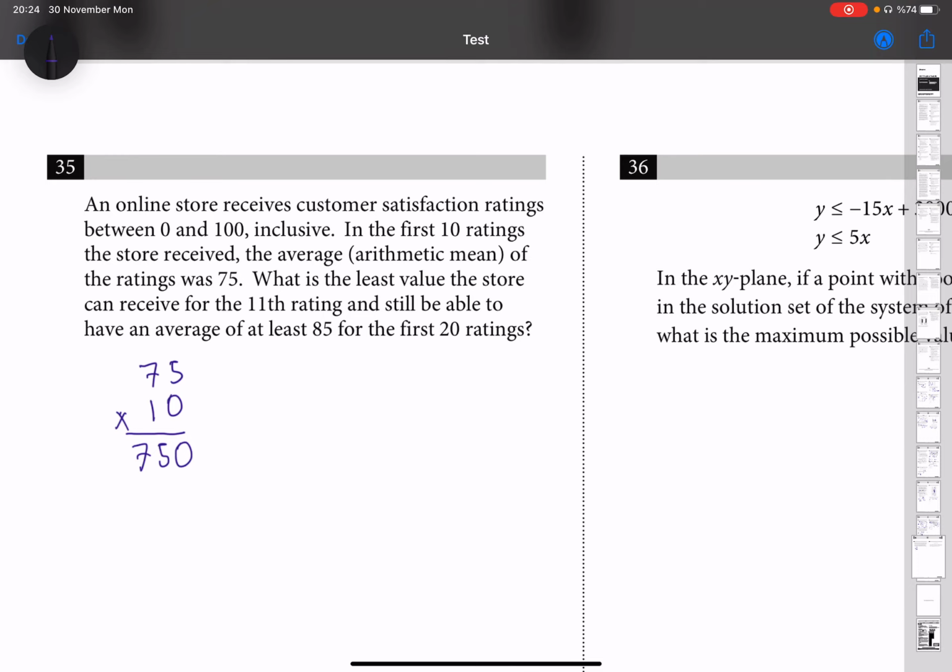What is the least value the store can receive for the 11th rating and still be able to have an average of at least 85 for the first 20 ratings?